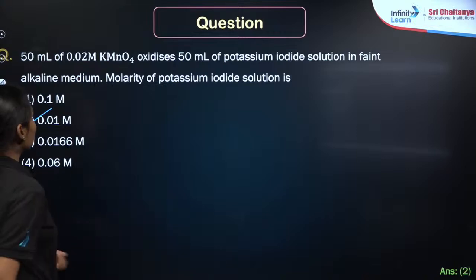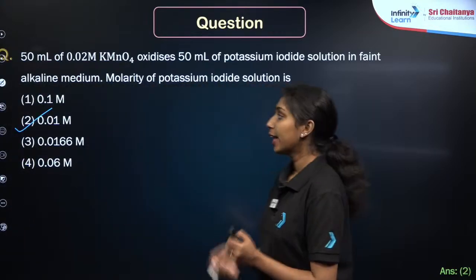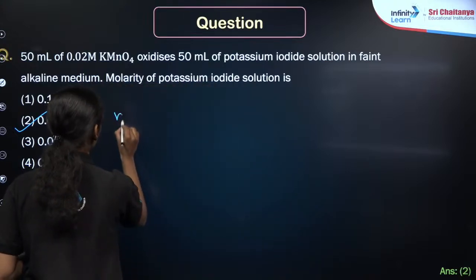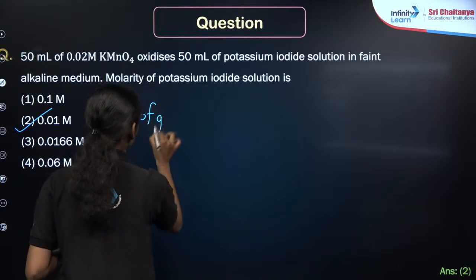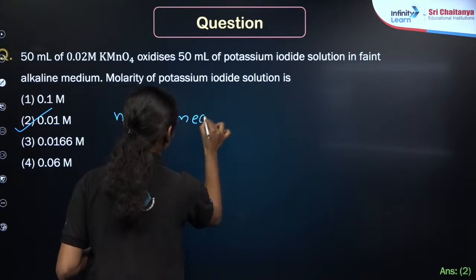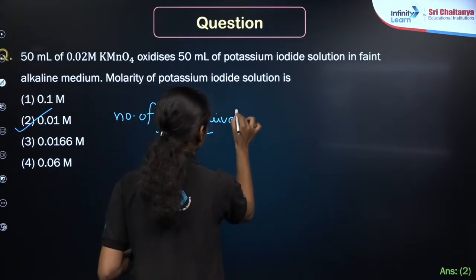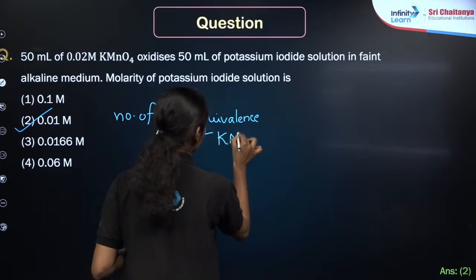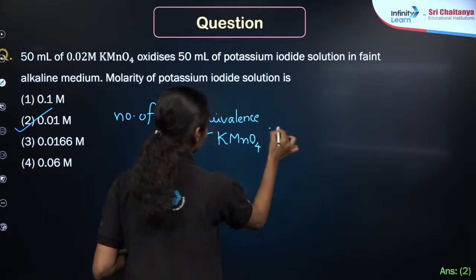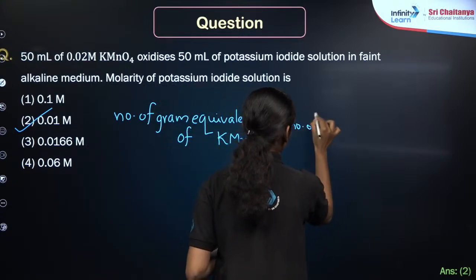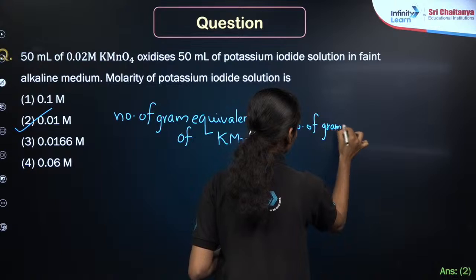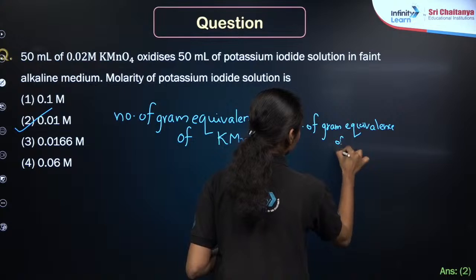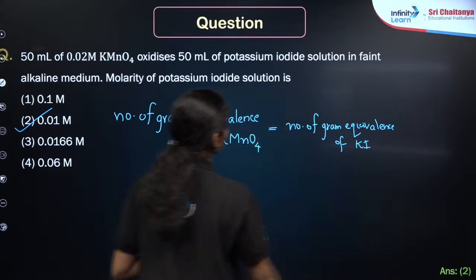How can we approach this question? This is a redox titration. In the case of redox titration, it will follow the law of equivalence, right? Which means that the number of gram equivalents of KMnO4 equals that of potassium iodide, right?